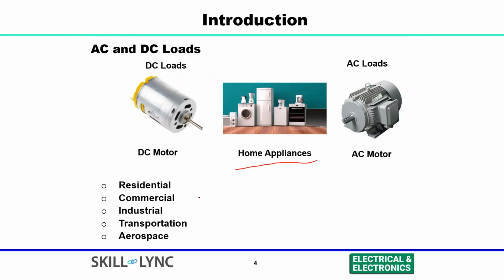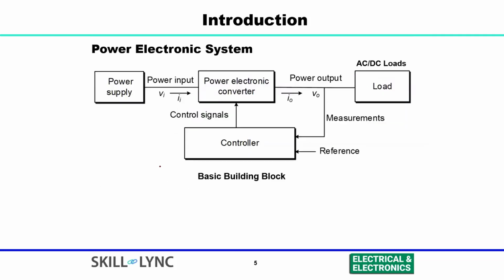So we have two types of sources, AC and DC, and two types of loads, AC and DC. We need to connect a power supply, either AC or DC, to AC and DC loads. The interface between the power supply and the load is called a power electronics converter.